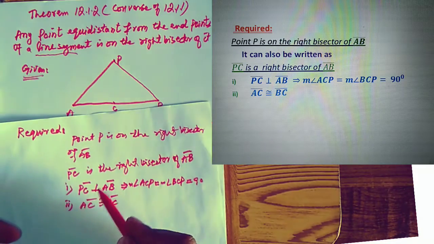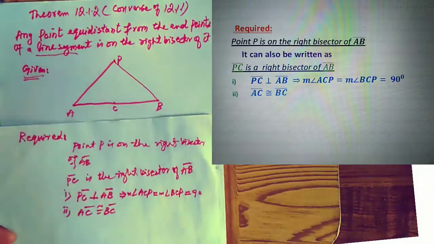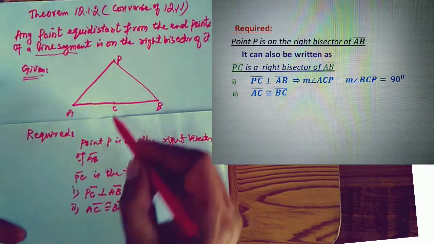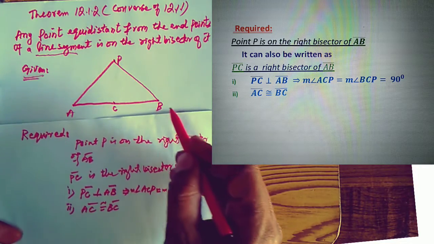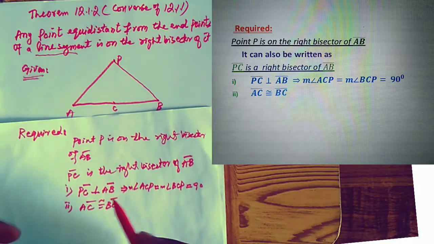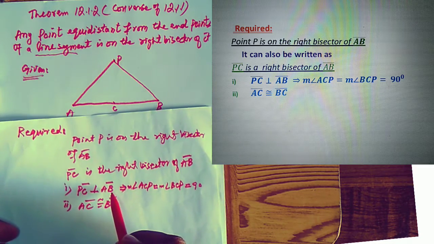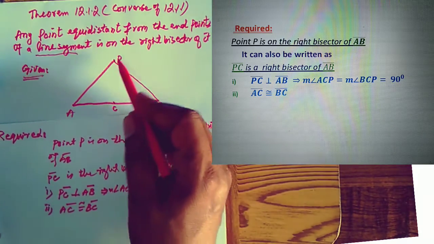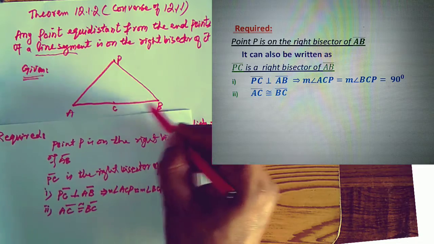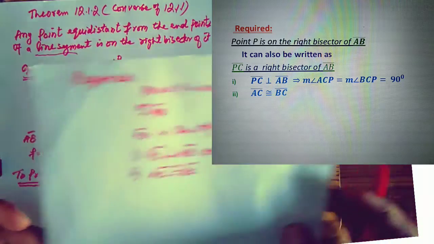This statement can be divided into two factors in which PC is perpendicular to AB and AC is congruent to BC. So PC perpendicular to AB can also be written as angle ACP is equal to angle BCP, which is equal to 90 degrees.